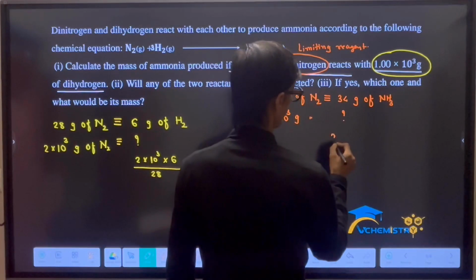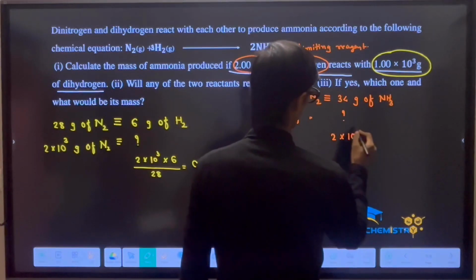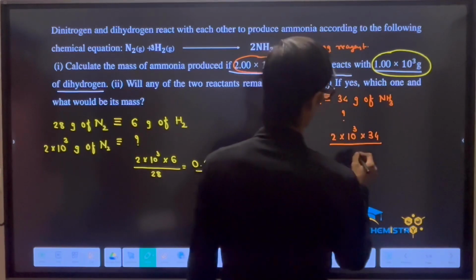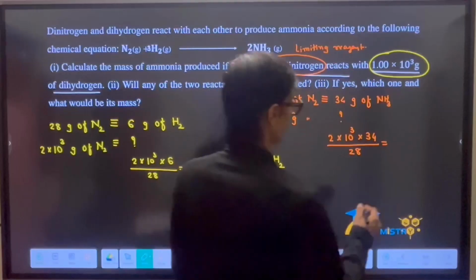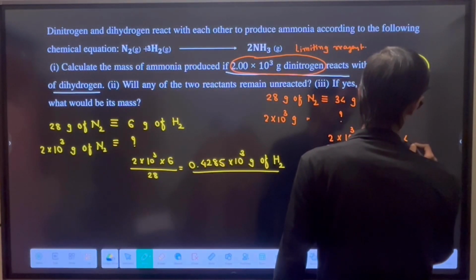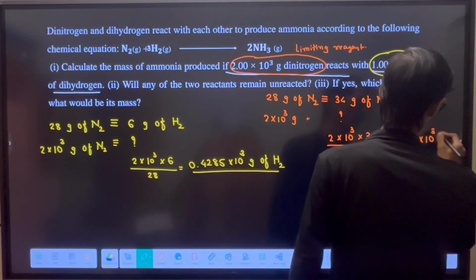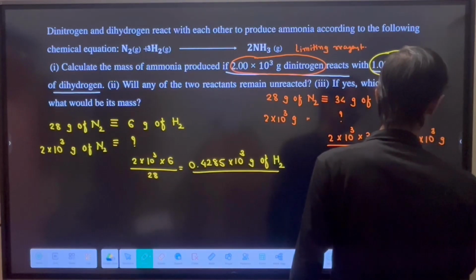So 2 into 10 raised to 3 into 34 divided by 28, that is 2.42 into 10 raised to 3 gram of NH3.